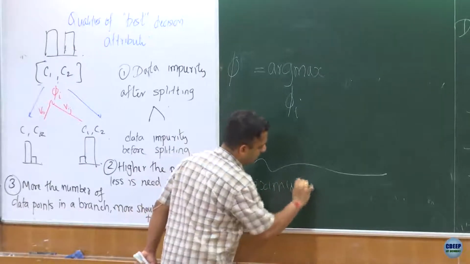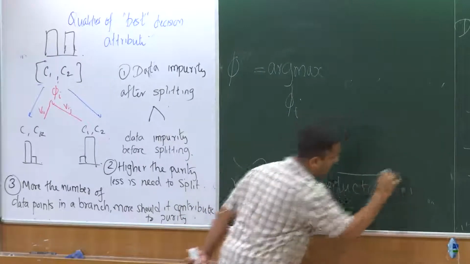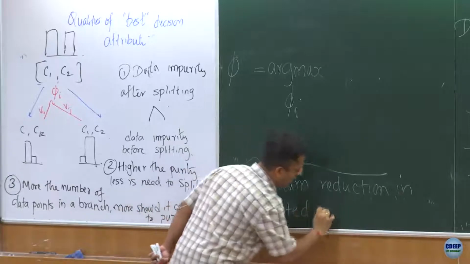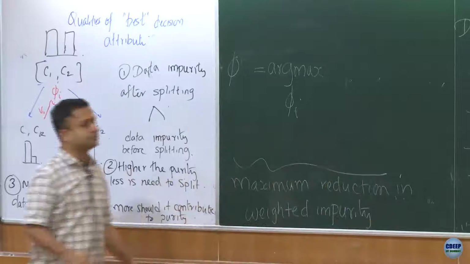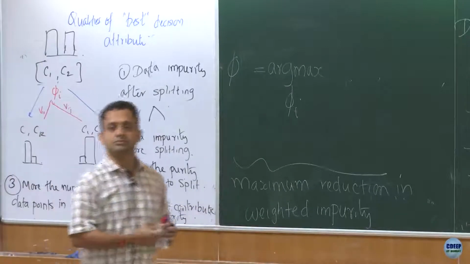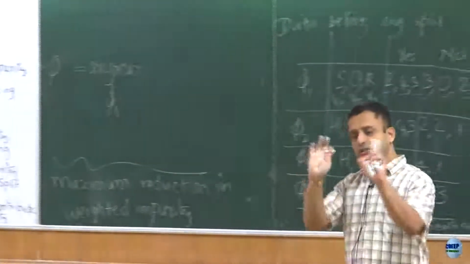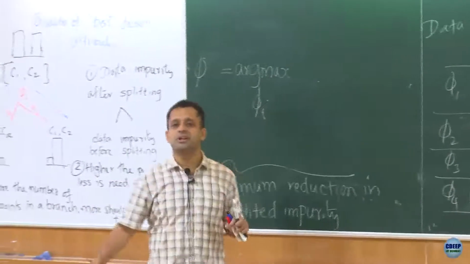Maximum reduction in weighted impurity. Don't give entropy. Entropy is a specific example. Use impurity if you want. So what will be the impurity of?